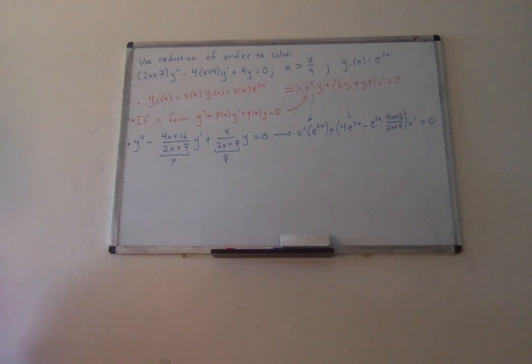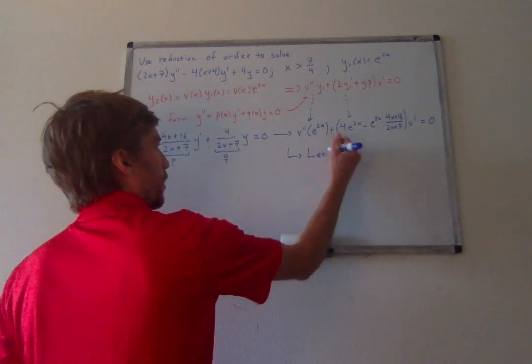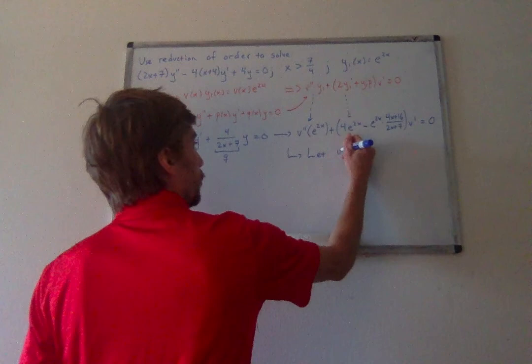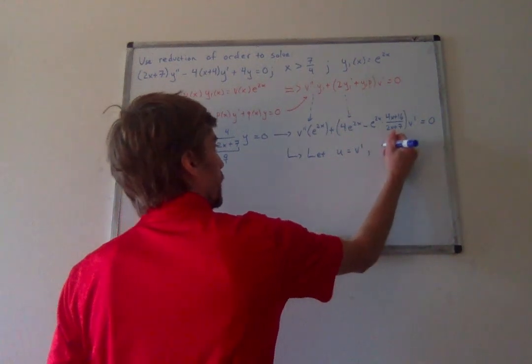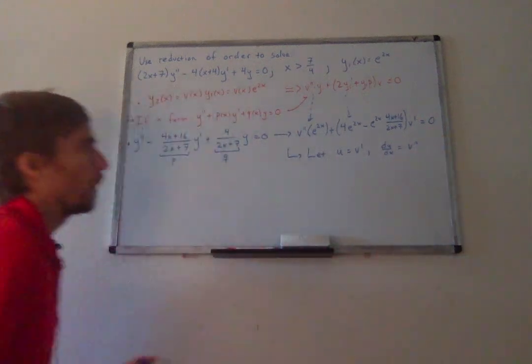All right, we can do a little bit of simplification here. The first thing I'm going to do with this, however, just because I don't like looking at v double prime and v prime, I'm going to let u equal v prime so that du dx is equal to v double prime.